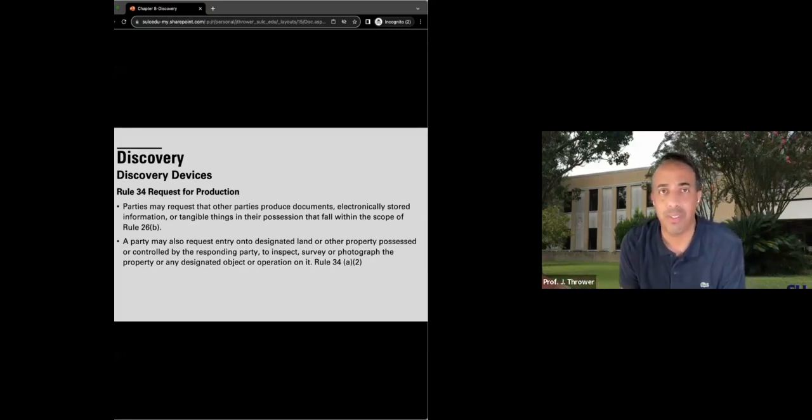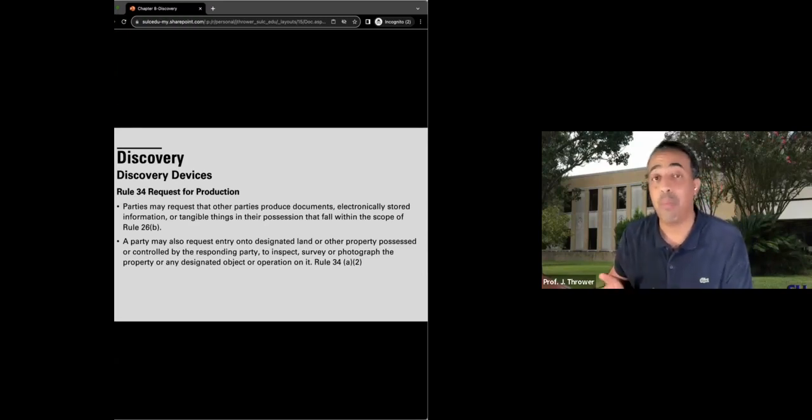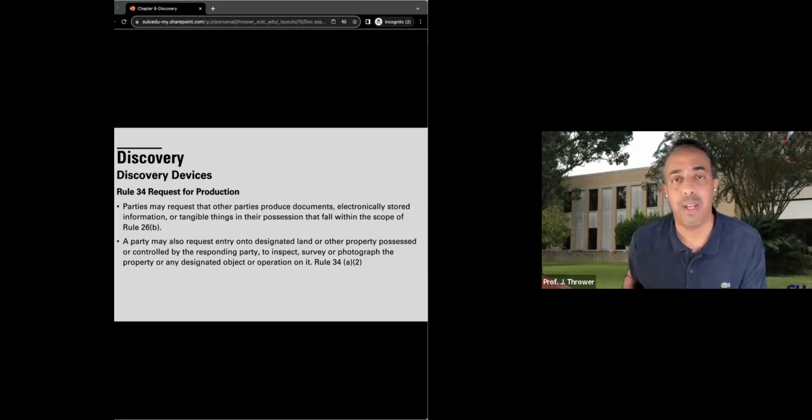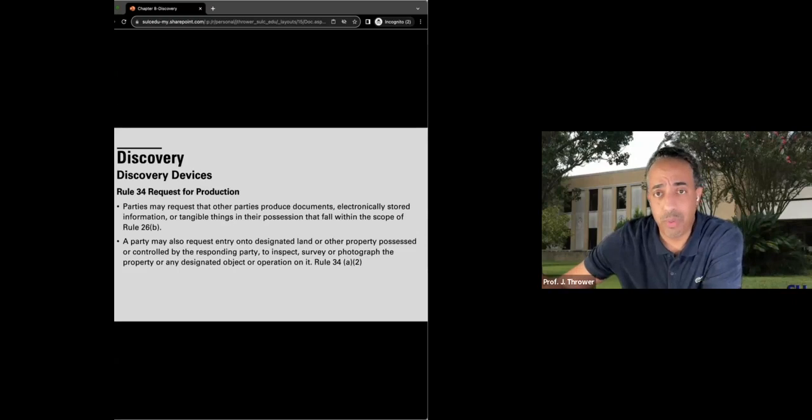Say, for example, if you have a situation where there's a property dispute, a civil property dispute, and a survey of property needs to be done. Well, a party just can't enter onto another party's land without permission, right? And so this mechanism provides the requesting party an opportunity to formally request entry upon the land to either inspect it, take pictures of it, or whatever the case may be, in accordance with the scope of general discovery under Rule 26.